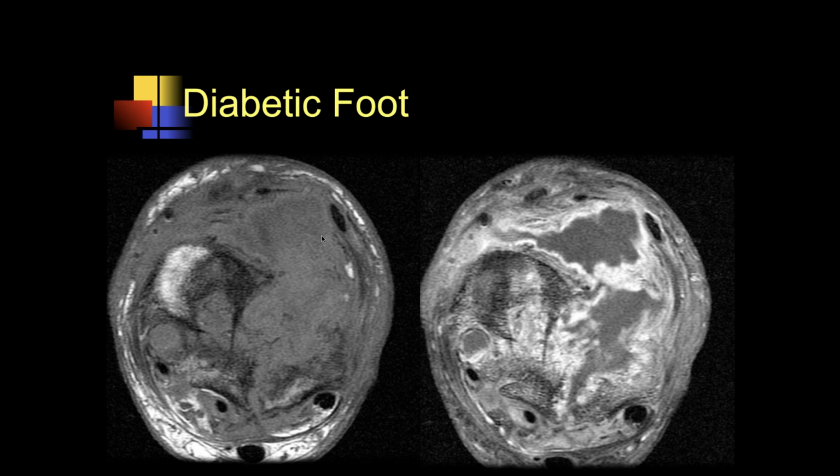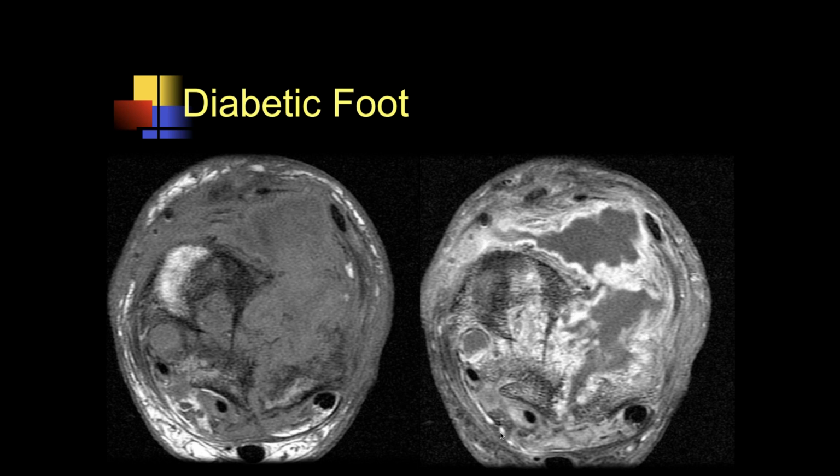Here's just another example of a diabetic foot with extensive abscesses that you can see. There was a time when people were reluctant to give contrast to patients with diabetic foot because they're concerned about renal disease.